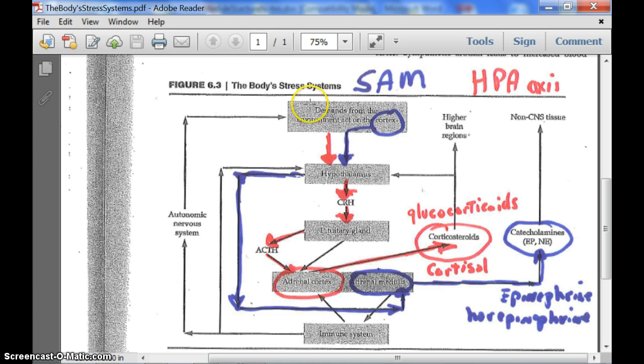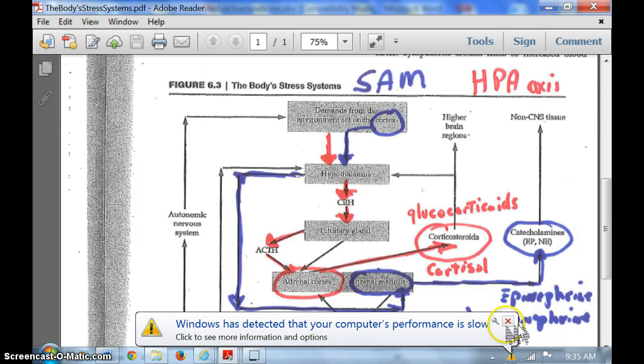Again, this may be more confusing than it's helpful, but the idea is that with the blue, the SAM, you have this through the hypothalamus and really gets into the adrenal medulla, and ultimately releases things like epinephrine and norepinephrine, which are all stress hormones and ultimately connect to immune system functioning. So that's the basics of what you need to know here.